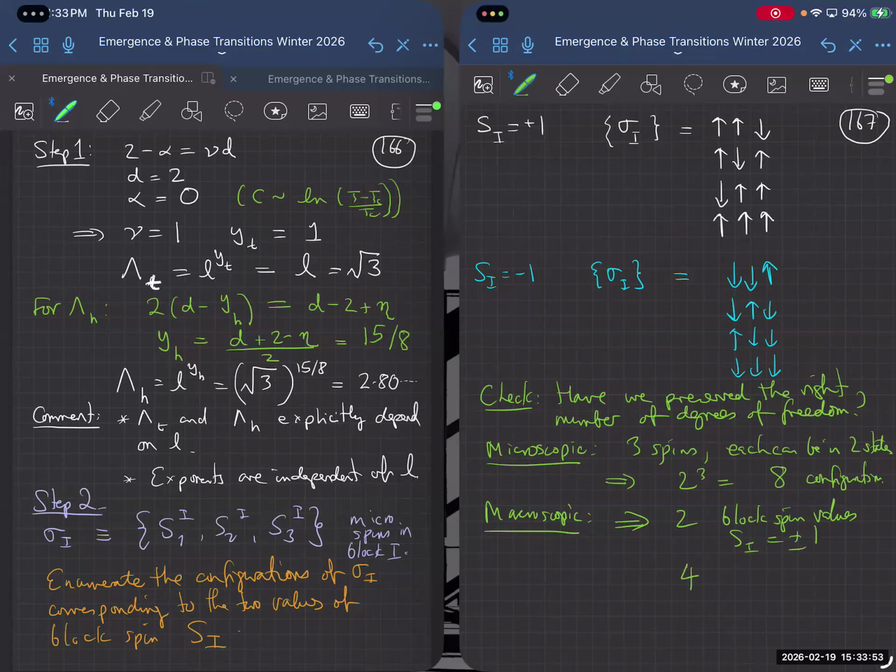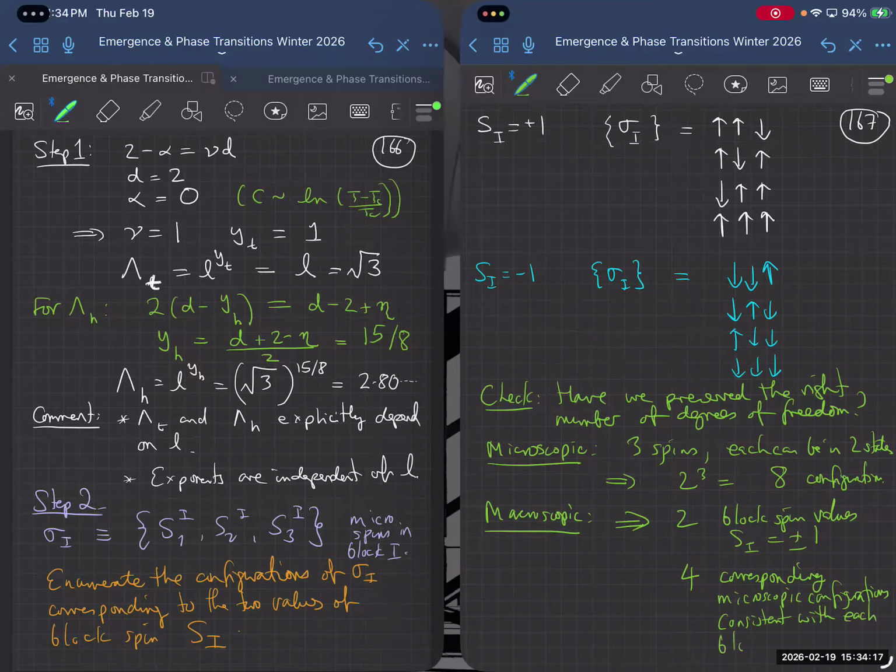I have 4 corresponding microscopic configurations which are consistent with each block spin value.